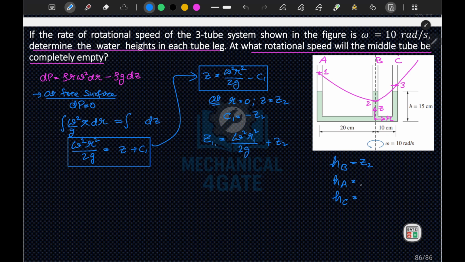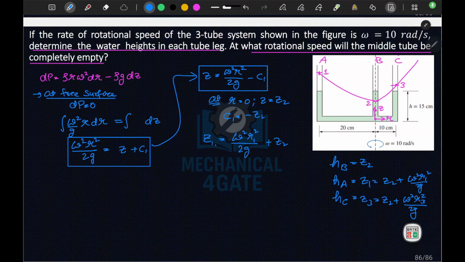So your HA is equal to Z1, which is equal to Z2 plus omega square R1 square by 2G, and here similarly we can write Z3 is equal to Z2 plus omega square R3 square by 2G.